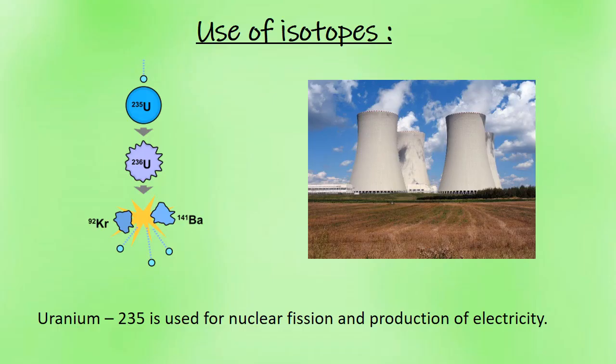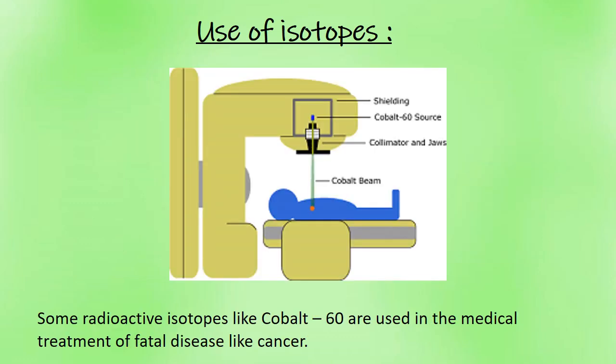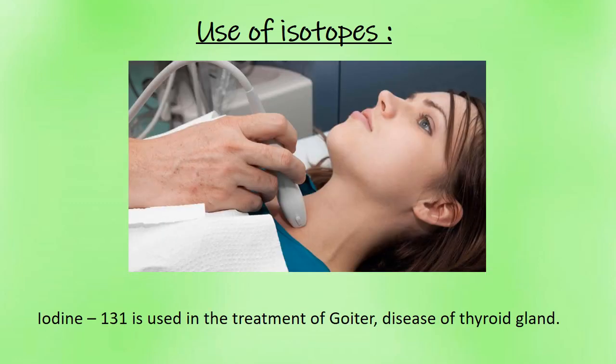Now we have uses of isotopes. Uranium-235 is used for nuclear fission and production of electricity. Some radioactive isotopes like cobalt-60 are used in the medical treatment of fatal diseases like cancer. Iodine-131 is used in the treatment of goiter, disease of thyroid gland.